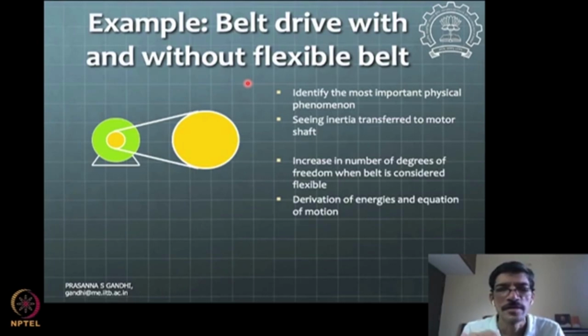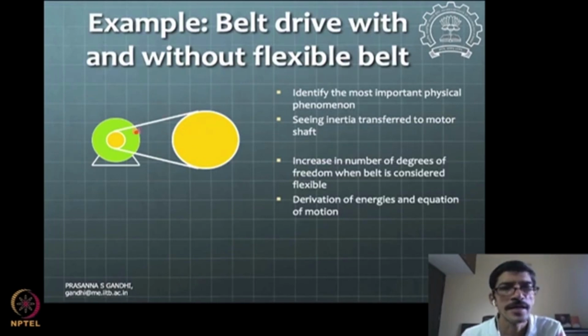Here I would like you to derive this in the Lagrange formulation setting. Potential energy in this case is 0 without the flexible belt.